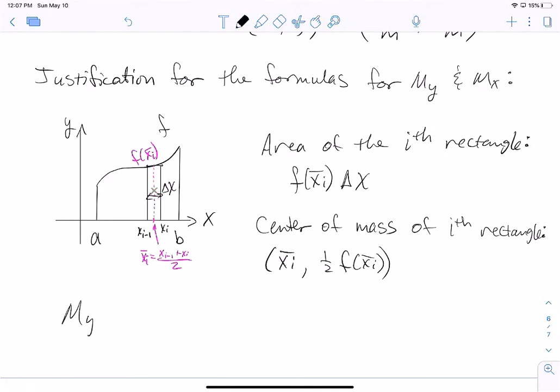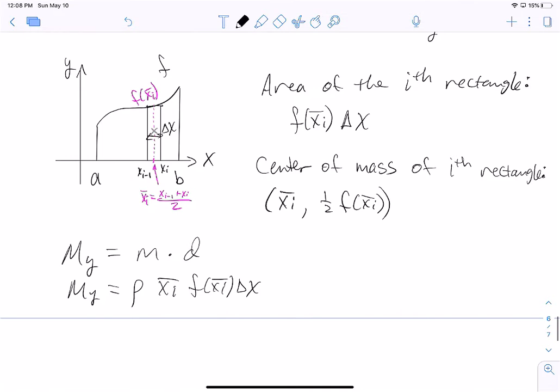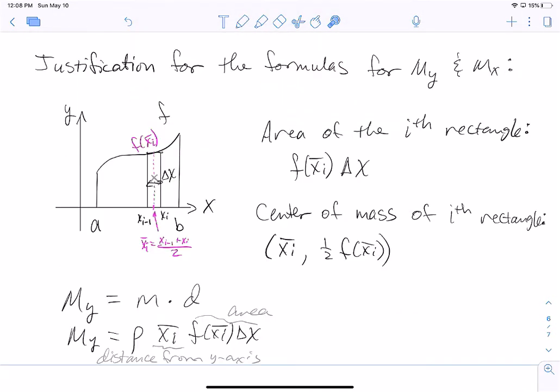Now, the moment about the y-axis is going to be, well, mass times distance, as we saw before. And so the moment about the y-axis is going to be rho times x sub i bar times f of x sub i bar times delta x, where here x sub i bar is the distance from the y-axis, and f of x sub i bar times delta x, we already decided, was the area.